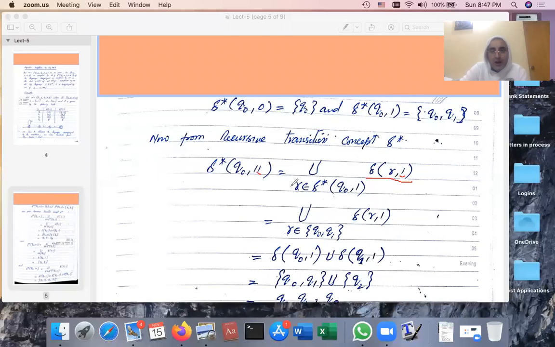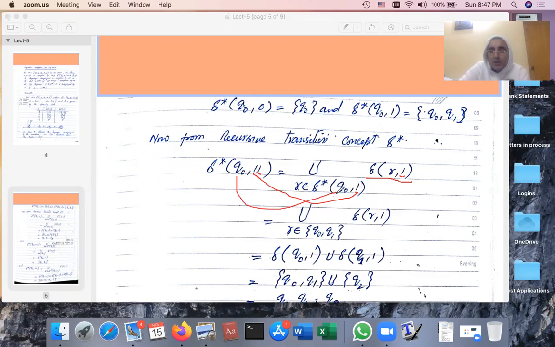So R belongs to delta star from the initial state Q0, and then only one symbol was remaining, which I have to write here. Here I have only one symbol, that's okay, but if it were more than one, then it is delta star.